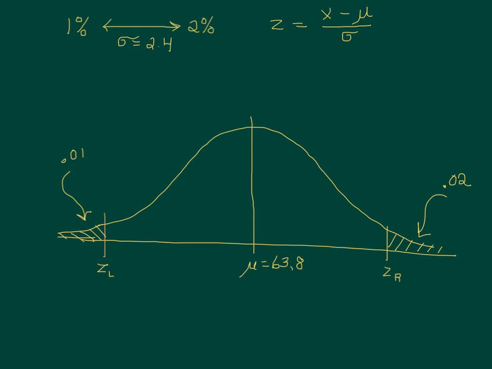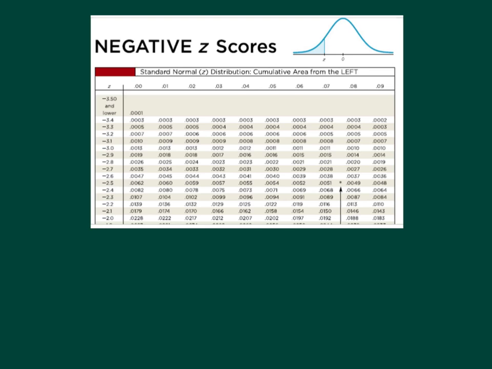Okay, we're going to go back to our tables to find these z-scores. We want to find the area to the left of 0.01 using our table. In this part of the table, these are our p-values, or area under the curve, and this column gives us our z-values.